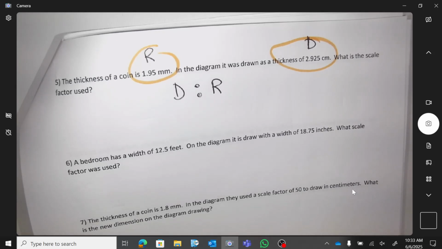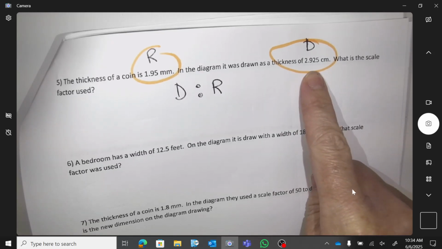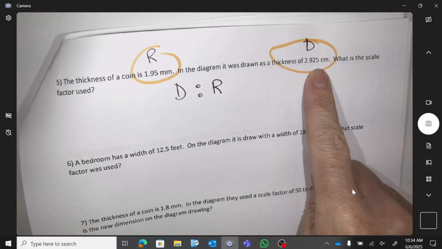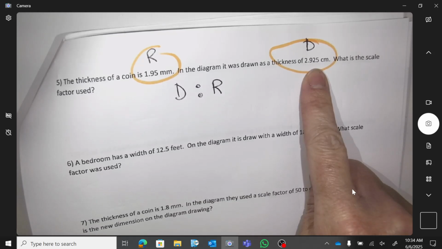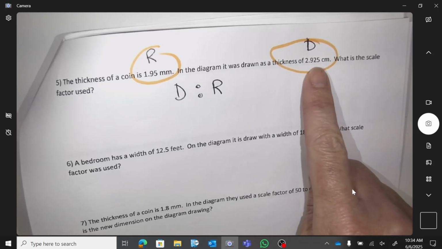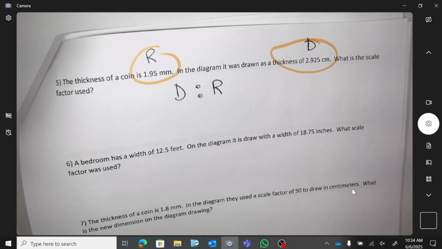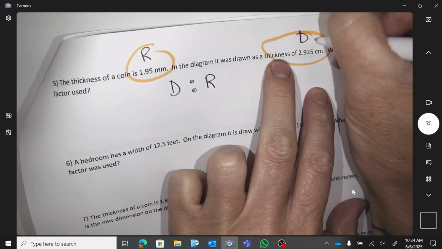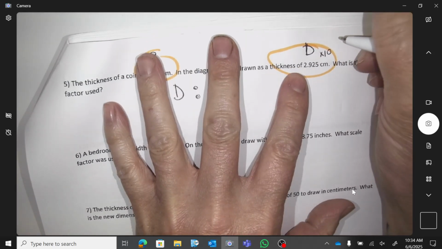So which one are we going to change? Which one's easier to change? Centimeters is easier to go to millimeters. What do you do? There are 10 millimeters in a centimeter, so this would be times by 10.